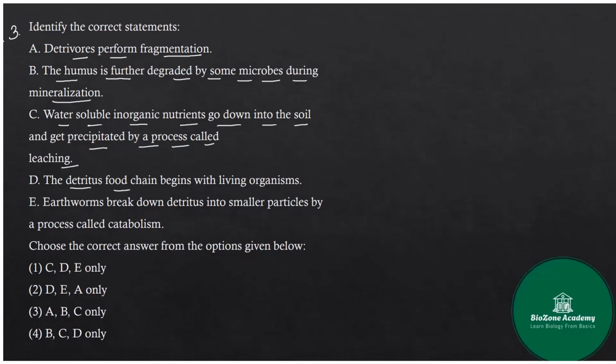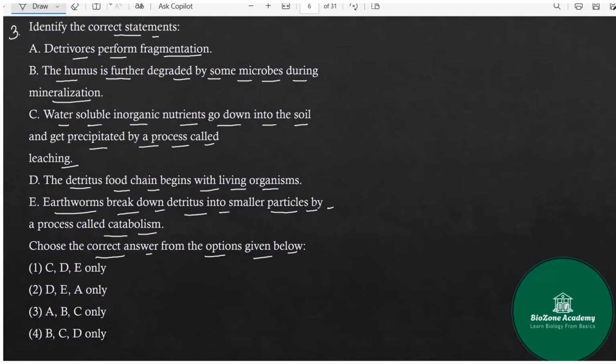D, the detritus food chain begins with living organisms. E, earthworms break down the detritus into smaller particles by a process called catabolism. Choose the correct answer from the options given below. So the correct statement is option number 3, A, B, C only.